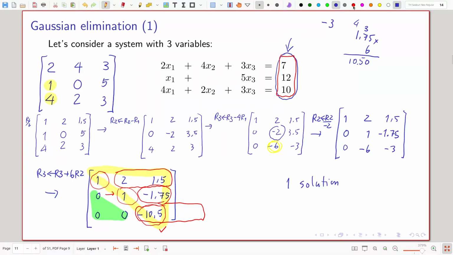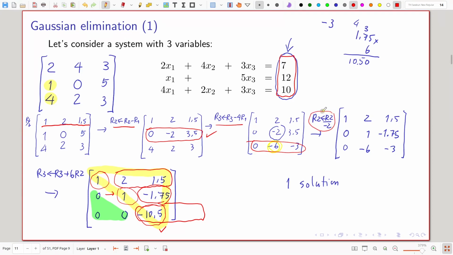This row is a linear combination of the first row. We multiply it by something, and then we do something like this. So this row is a result of multiplying this row and then subtracting, right? So this row is also a linear combination of the other two rows. And also the last row as well. It's a linear combination of the other rows, right?